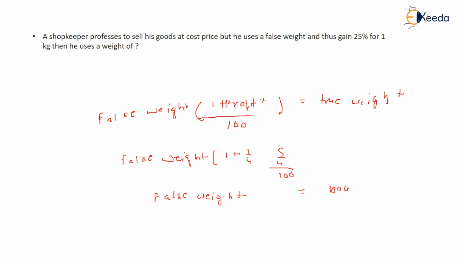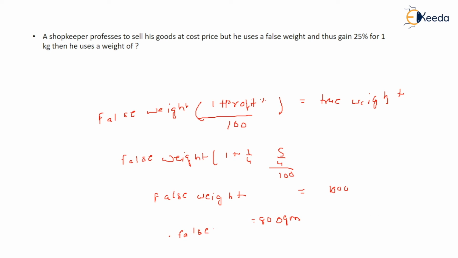When you multiply it, divide it, solving this by multiplying and dividing by 4, it comes out to be 800. So after solving this, you will get the false weight, that is 800.